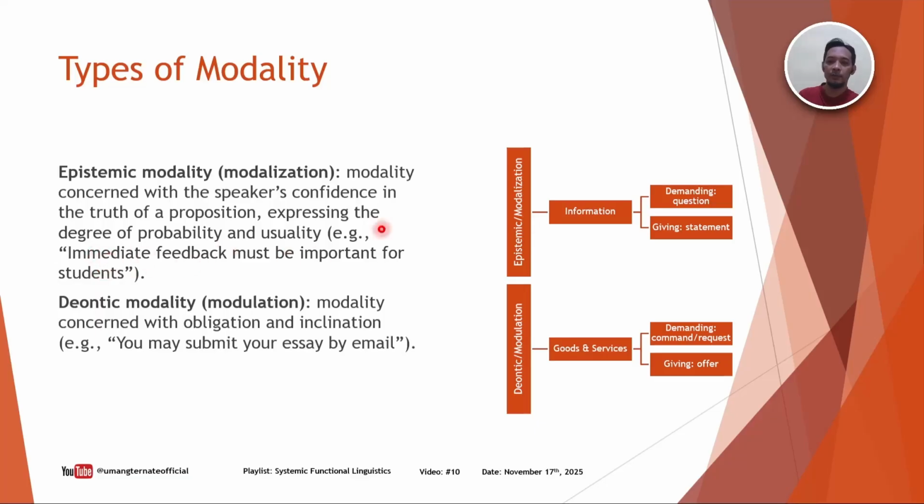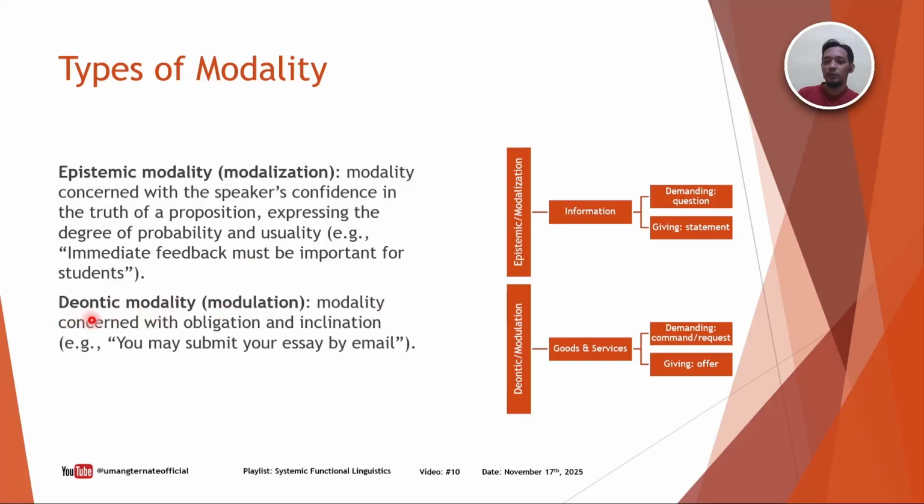This is a statement, and it gives the information about the importance of immediate feedback, but because in this clause the speaker uses a modal verb like must here, the modal meaning of this clause is an expression of the speaker's confidence or judgment or attitude toward the immediate feedback.